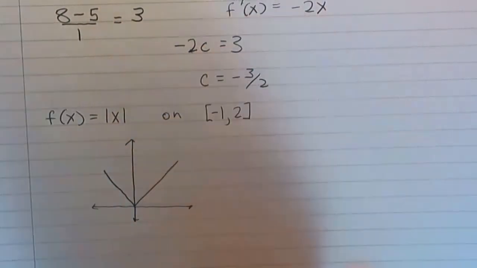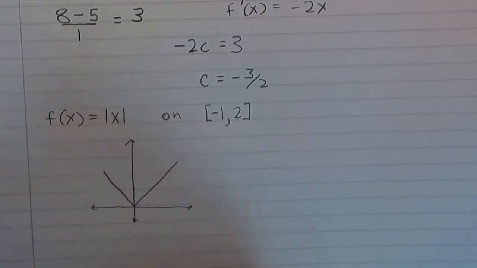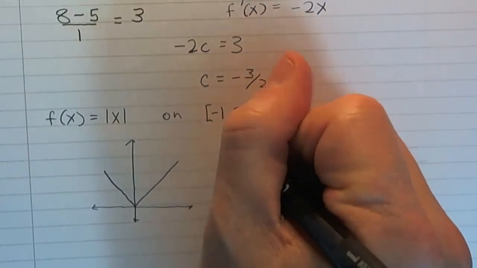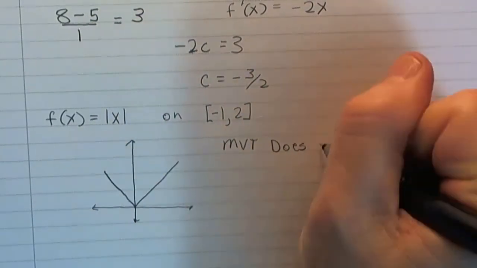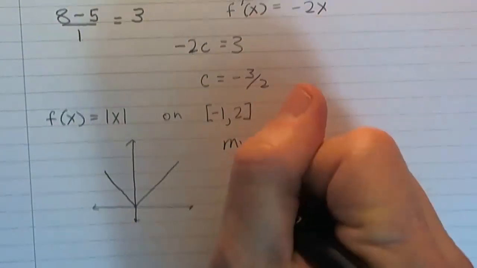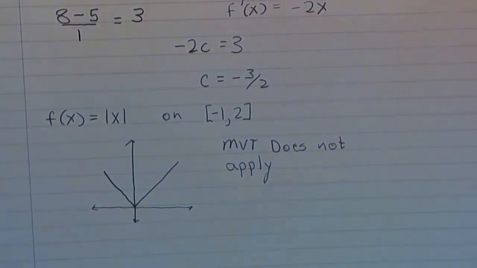Looks like this. Okay? It's got a sharp point right here at 0. The derivative would not exist at that sharp point. So the mean value theorem does not apply.